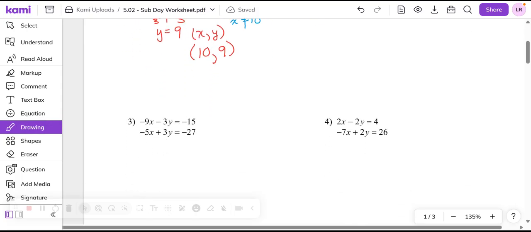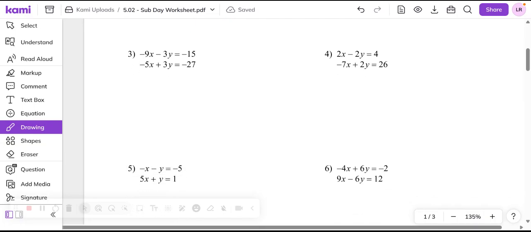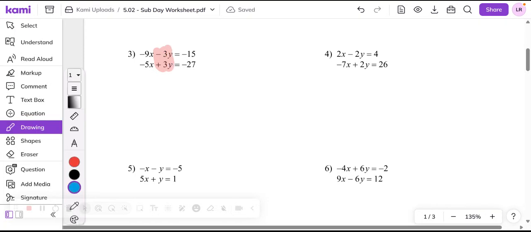Now, next one I want to do is number 3. When I look at that particular problem, what I notice is that the y's end up being opposites. I have a negative 3y and a 3y, and I know if I add those two numbers together, I'm going to get 0.